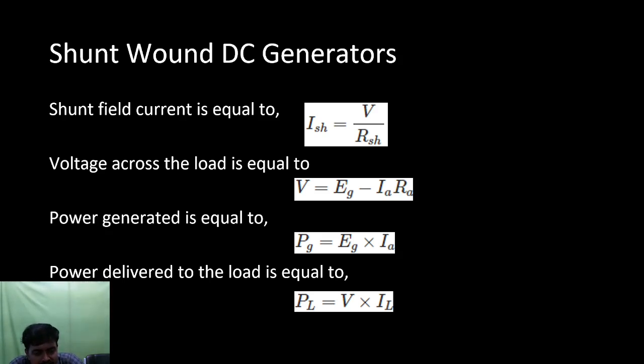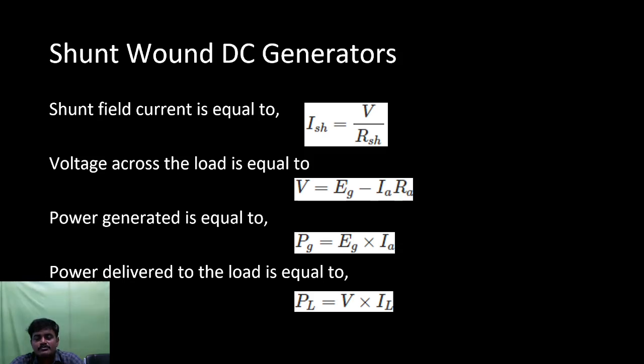Then the voltage across the load is V equal to EG minus IA into RA. Since the field coil is in parallel connection, I can write the losses only for the armature winding.